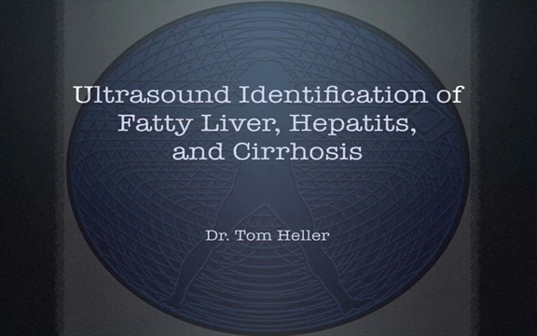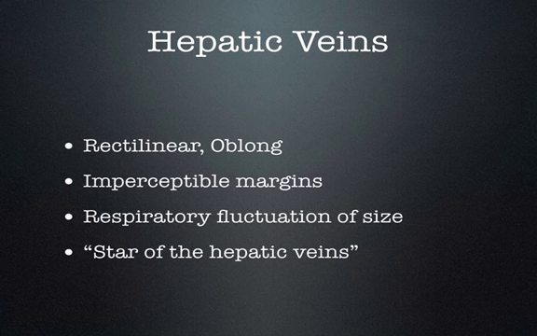diseases. Before we look at the diseases, I want to remind you of the anatomy of the liver, in particular because that is important when we talk about cirrhosis, which is the most important part in this lecture. I want to remind you about the anatomy of the vessels of the liver. There are basically two vessels. There are the hepatic veins.